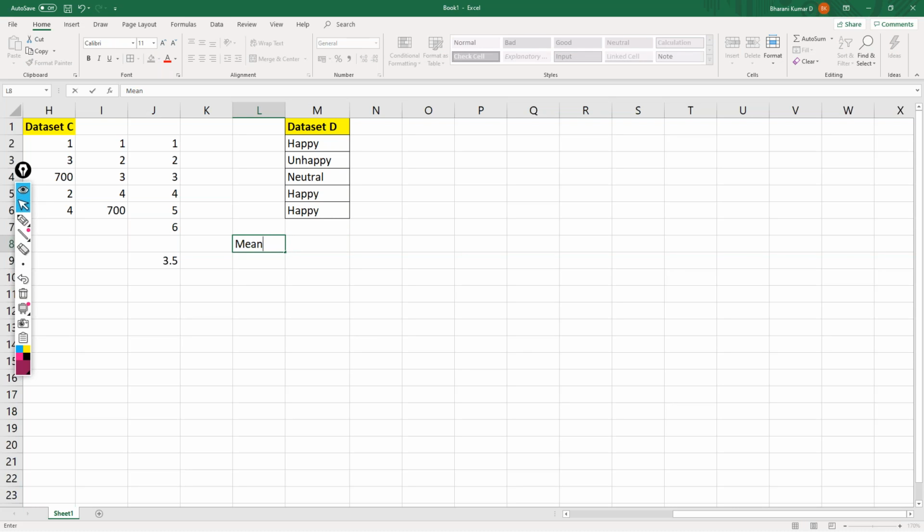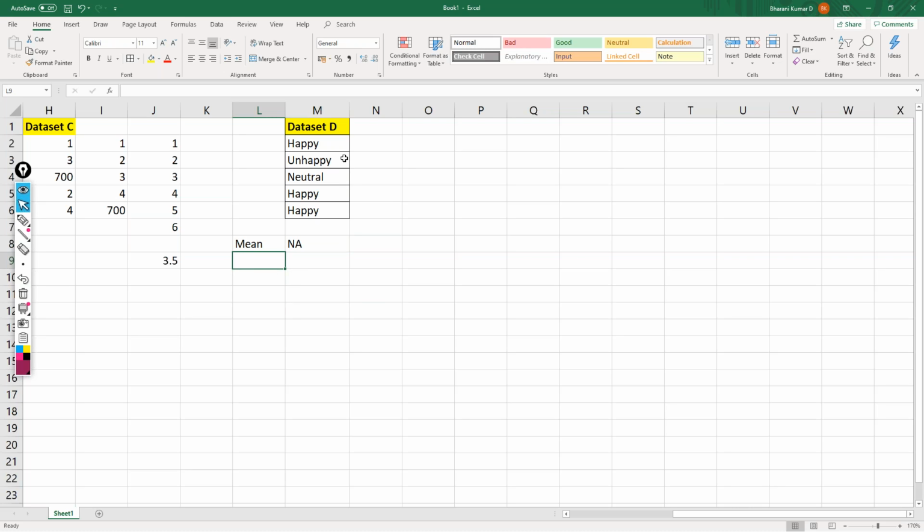What is the mean, friends? We can't find the mean here. We have 3 happy, 1 unhappy, 1 neutral. But what is the mean of that? You cannot calculate it.